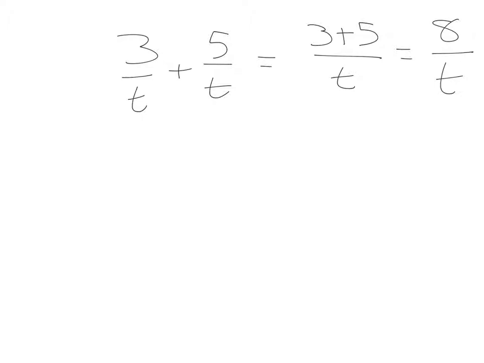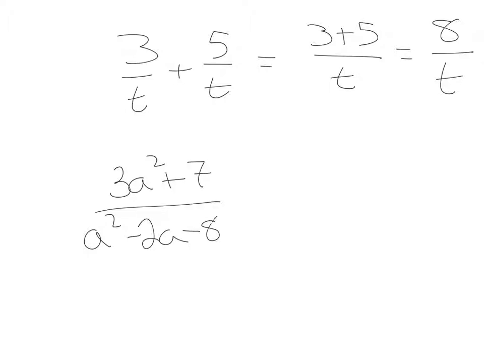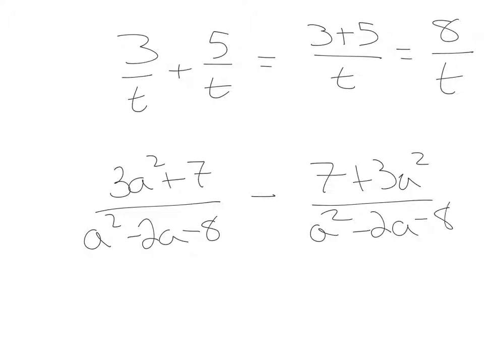And even if it's a little bit more complex, let's say we have something like 3a squared plus 7 over a squared minus 2a minus 8, minus 7 plus 3a squared over a squared minus 2a minus 8, right?